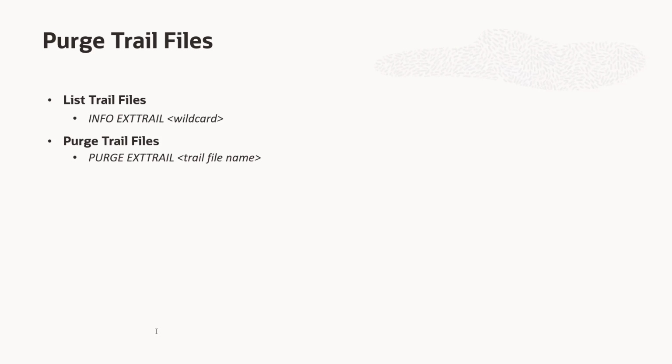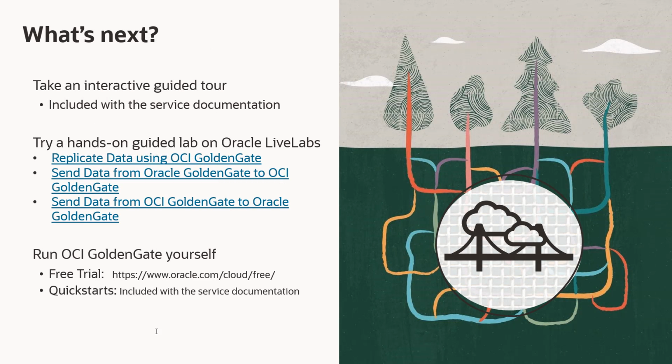And so we're basically taking a look at all the commands that I wanted to show you. So let's take a look at some of the next steps. You could take an interactive guided tour that is part of our documentation. I highly recommend it if you want to get familiar with OCI GoldenGate.